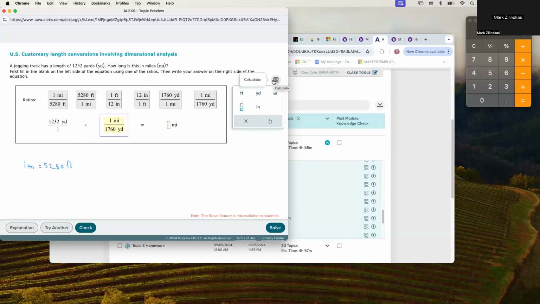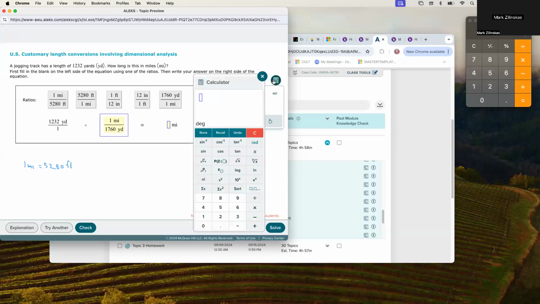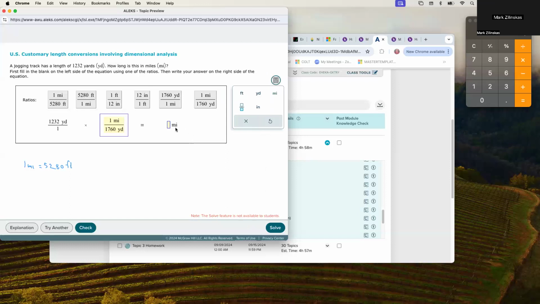In order to do that, I'll use this, which is a little easier than that calculator over there. 1,232 divided by 1,760, and I get 0.7. So I'm just going to click here, close that calculator, and type in the number 0.7 from my keypad.